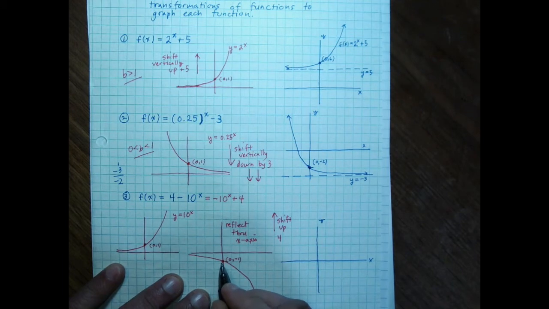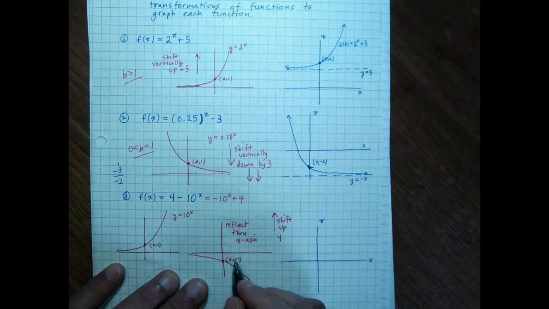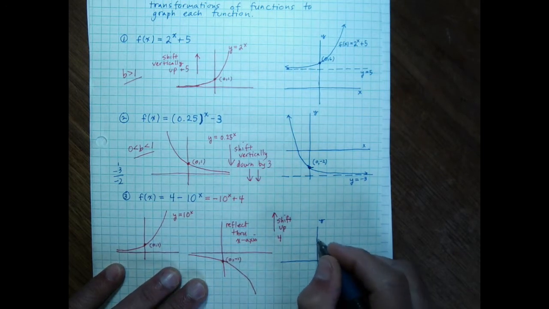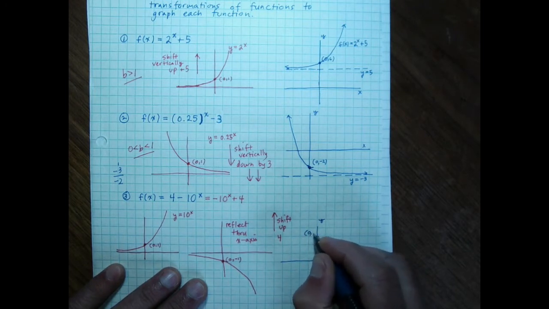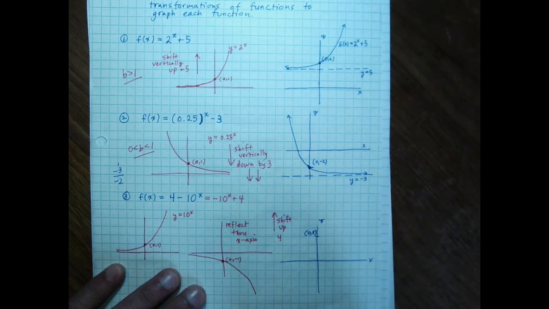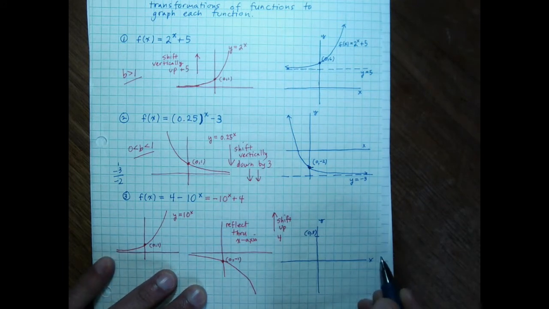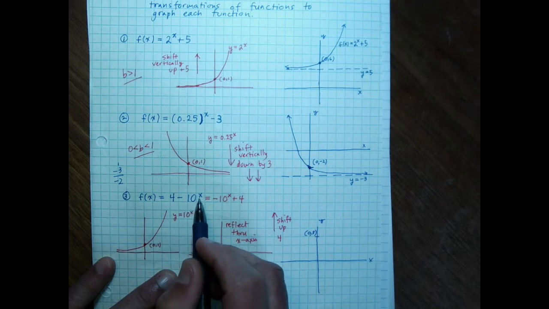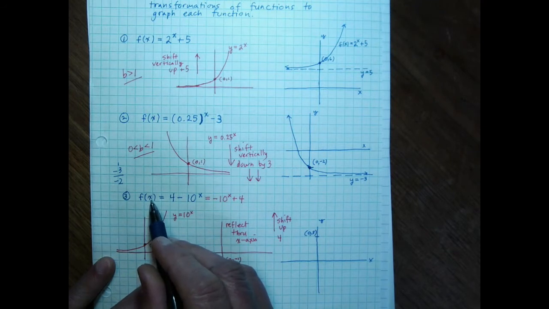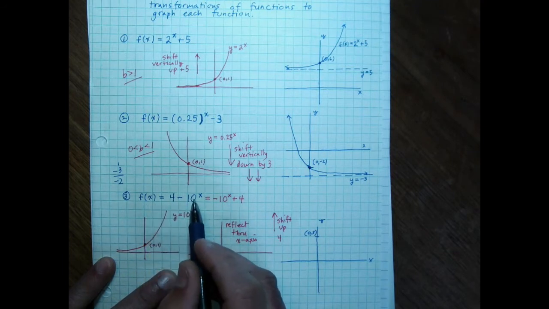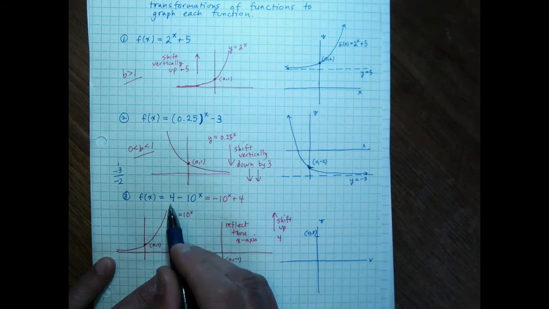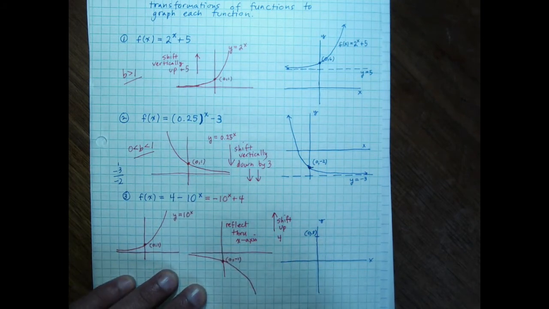Now when I shift this y-intercept up 4, negative 1 plus 4 will take me to 3. Say that's 0, 3. And you can always check by just plugging 0 in for x, because it's always easy to plug in for y-intercepts. 4 minus 10 to the 0 is 4 minus 1. 4 minus 1 is 3. 0, 3 is my y-intercept.